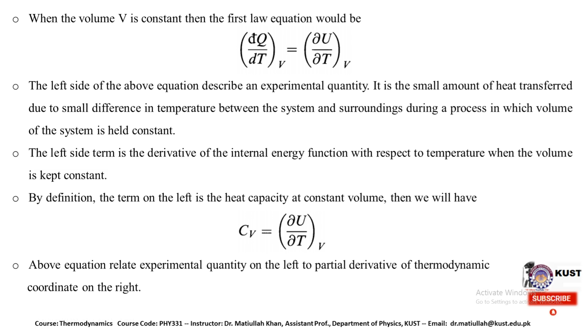So we need to put this value over there. So the above equation relates an experimental quantity on the left side to a partial derivative of thermodynamic coordinates on the right side. This is something we need to know, how the experimental quantity and the partial derivative relate to each other.